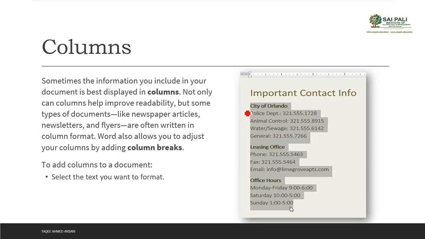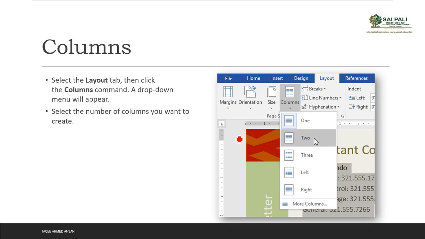If you want to add columns, select the text which you want to divide into columns. Then from the page layout tab, you can select the page setup. Here you have the page setup group, and you have the column command.